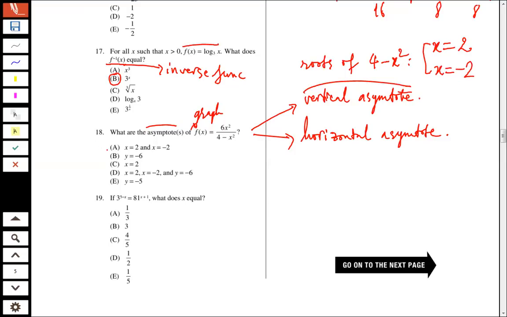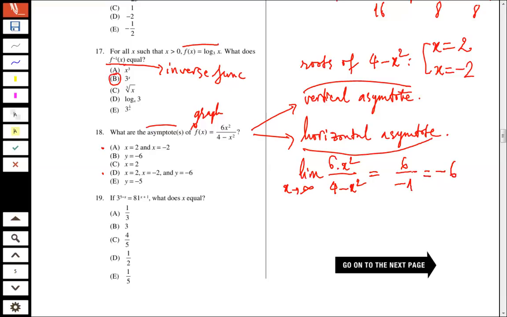We can say that it is option A or option D. And to find the horizontal asymptote, we need to find the limit of this fraction, 6 times x squared over 4 subtract x squared, when x approaches infinity. That equals 6 over -4. Oh, let me see. No, -1. This one equals -6. Option D.